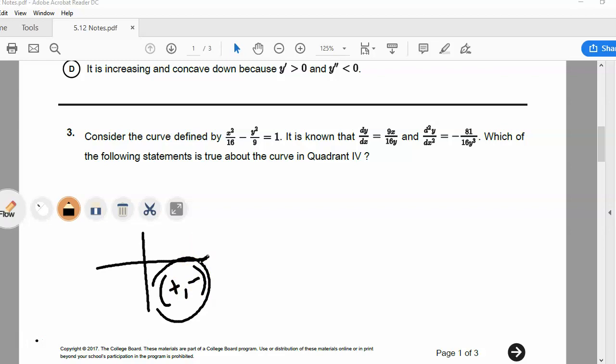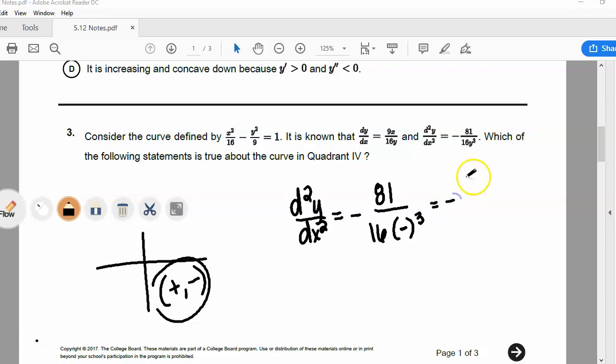So I don't know what values I have, but it doesn't matter because all we care about is the sign.